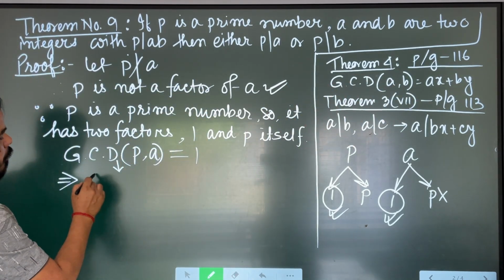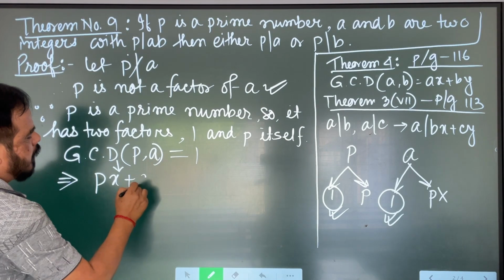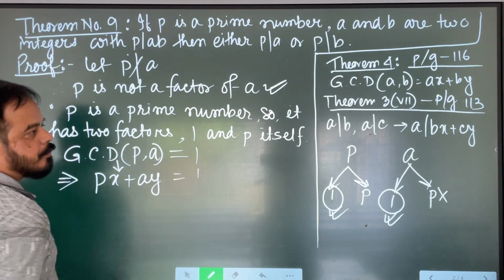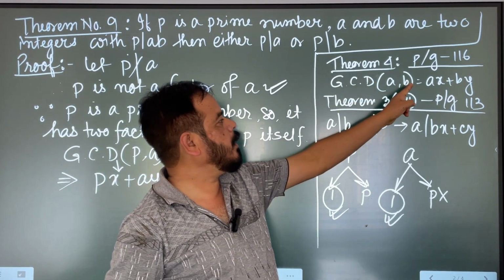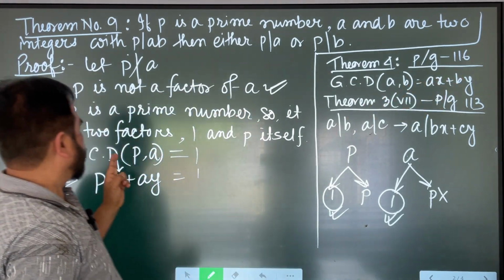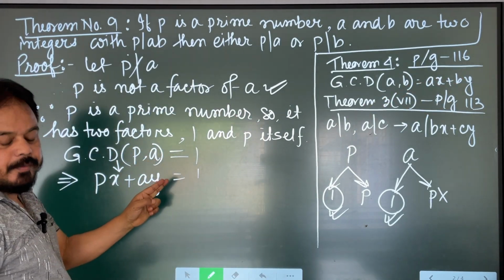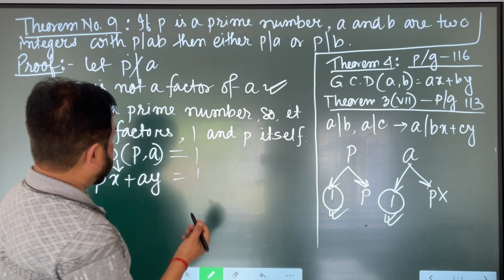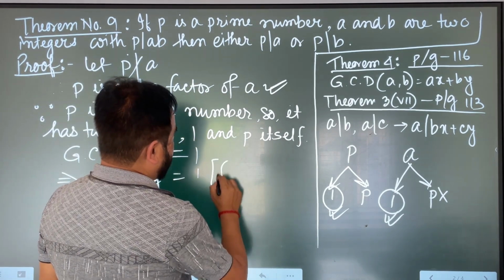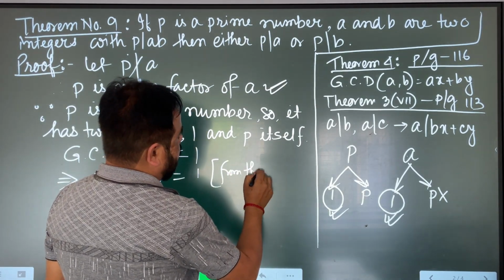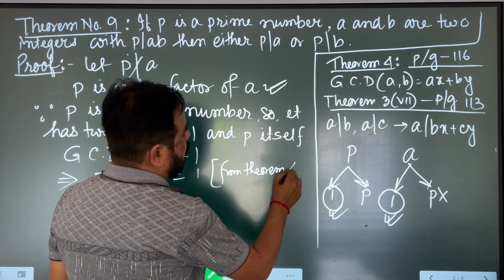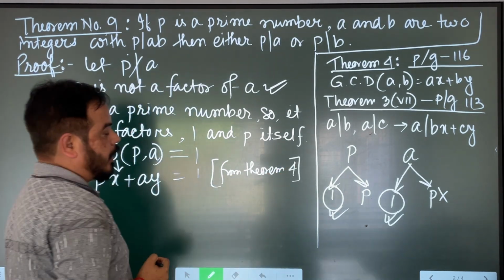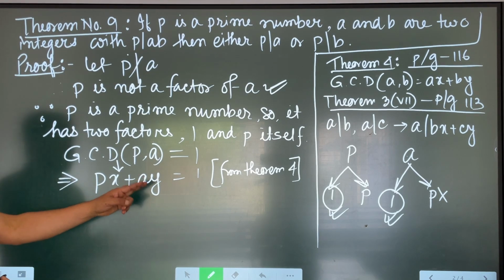So here PX plus AY is equal to 1. For A and B it is AX plus BY, and for P and A it is PX plus AY. So from theorem 4 we can write PX plus AY is equal to 1.